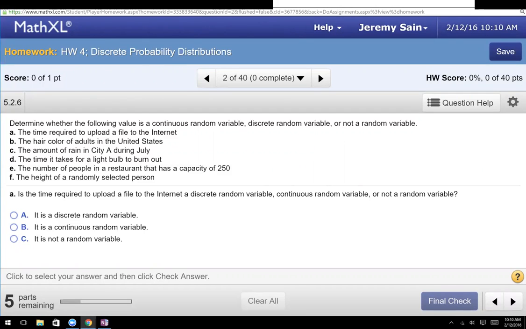That's continuous. So time to upload a file to the internet. Is that discrete or continuous? Yeah, continuous. You can get more and more precise on the answer.